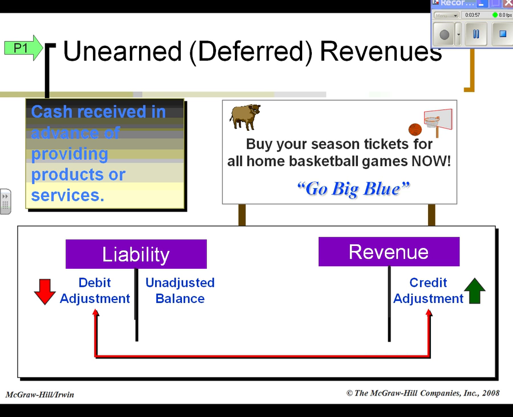So customers, fans, sorry, I'm an accountant, they're going to buy their season tickets for all the basketball games, but they're going to purchase it now. So we're going to have this unearned deferred revenue that we're going to record, and that'll be the liability. And that's what they're showing here in the T account as the unadjusted balance.